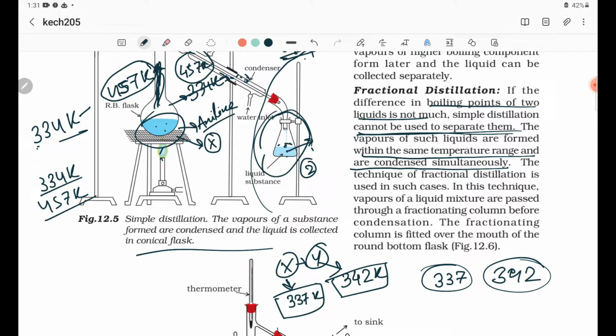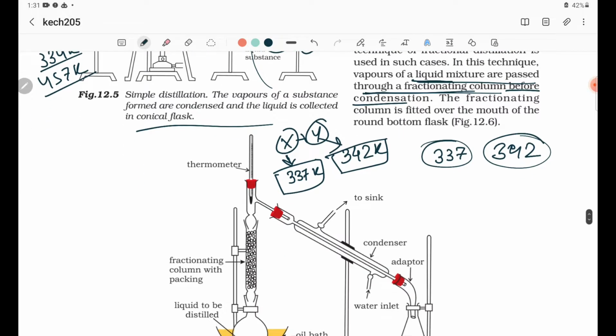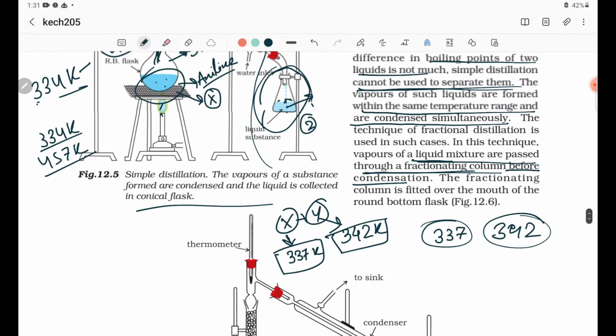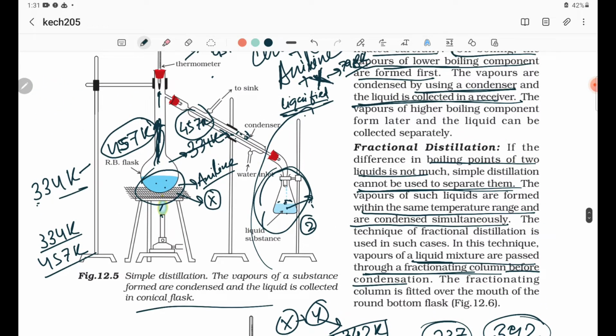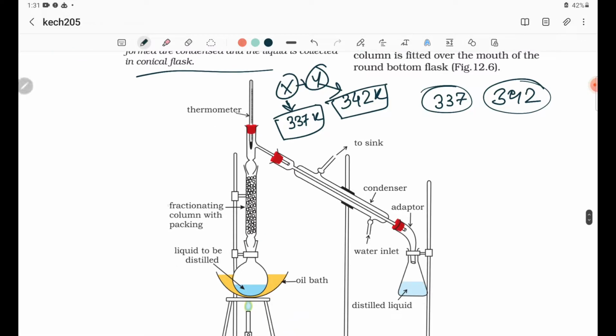So at that time the technique of fractional distillation is used. In this technique, vapors of the liquid mixture are passed through a fractionating column before condensation. See here, before condensation, it is going through the fractionating column.